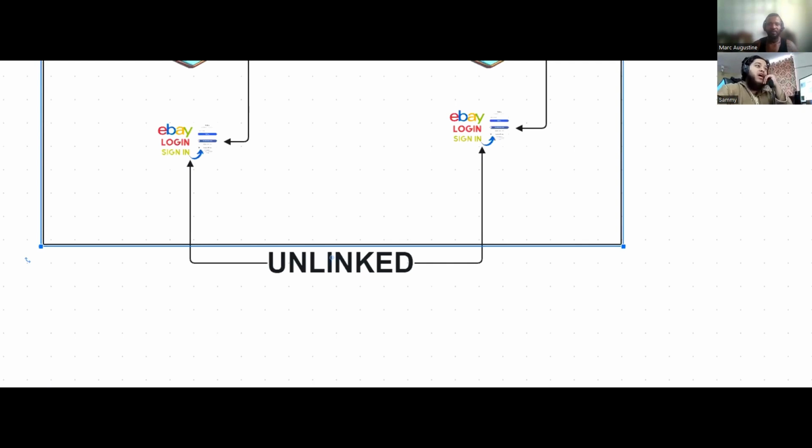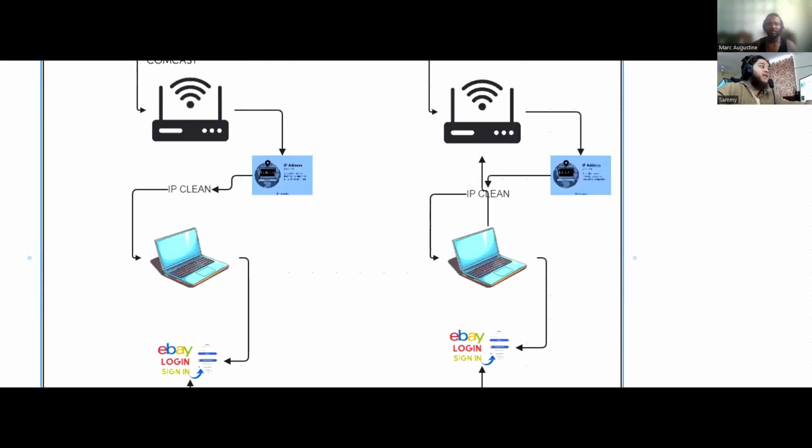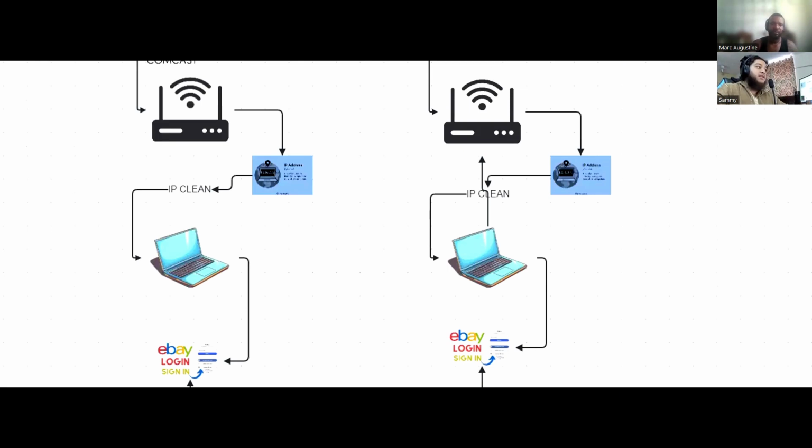Now, some people, for example, maybe you don't want to get a modem at your house. Instead of putting it at your house, all you have to do is follow this setup, and it doesn't have to be at your house.